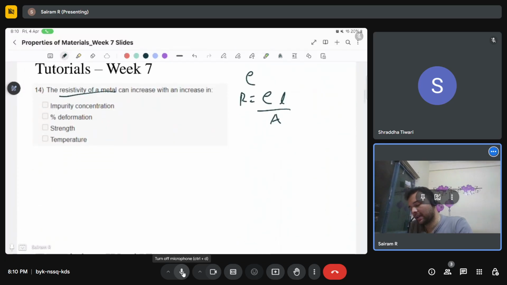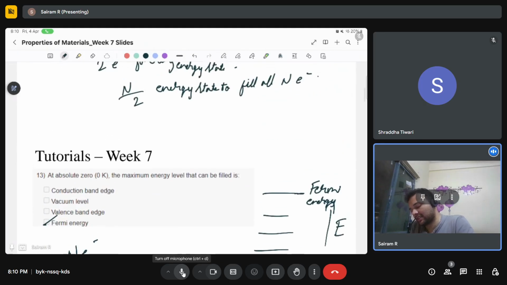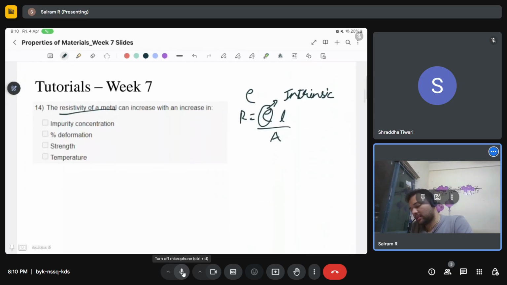So we are talking about this rho over here, which we know is an intrinsic property, and we also know from an earlier question, this 11th question, that rho is directly proportional to T, so temperature is definitely a factor.